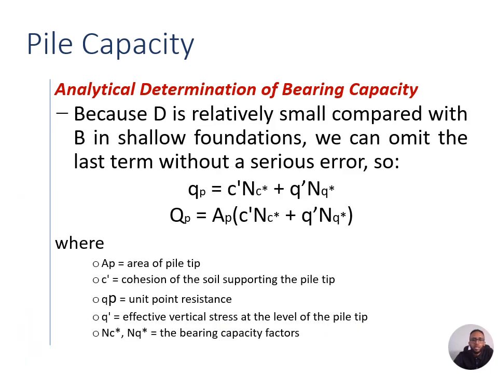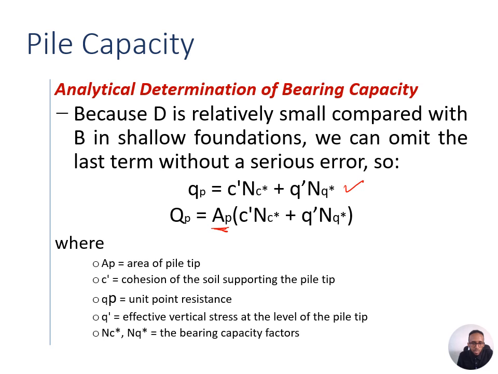The remaining equation will be QP equals cNc plus qNq, and the total point bearing capacity QP is then calculated by taking the area of the pile at the bottom multiplied by cNc plus qNq.